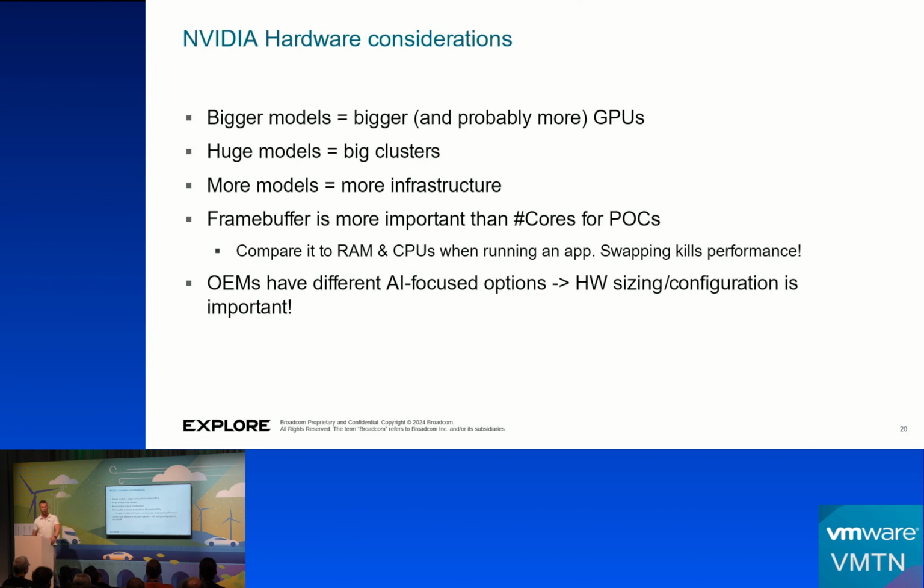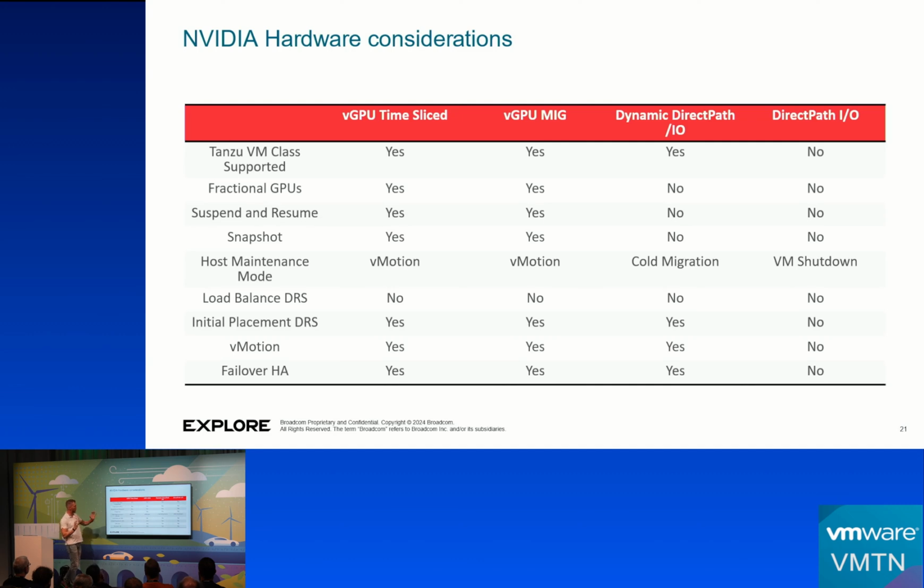Then from a GPU perspective, there are multiple ways, and Robert showed how to assign a GPU to a workload. There are different ways to assign those GPUs to the different workloads, if you want to. And you can take a picture of this table. There are a couple of things you need to take into account. When you look at the POC, it's really important to understand what your requirements of the workload are.